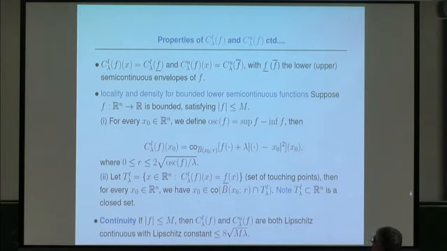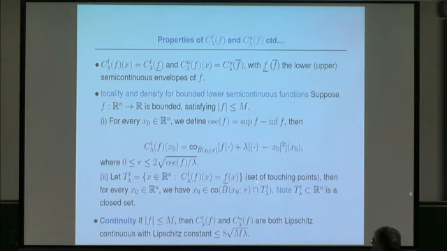Now let's talk about the so-called touching set, where the lower transform touches the function. Because of this, if f is not continuous, we can only touch the lower semi-continuous envelope. The touching set is also local.